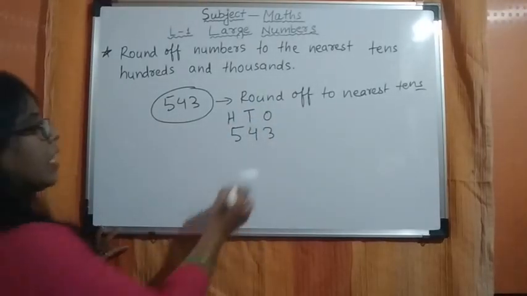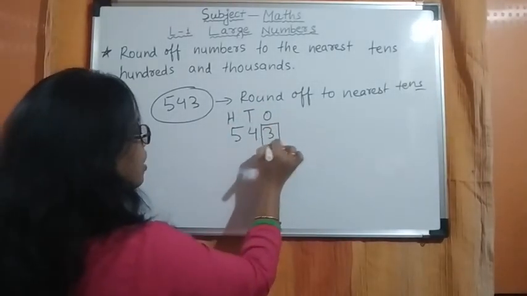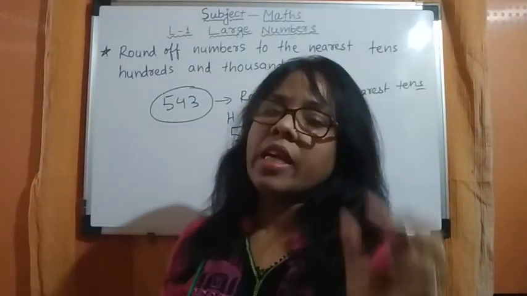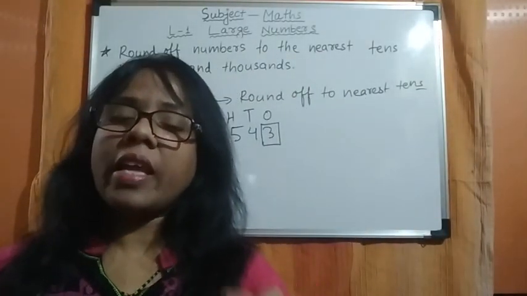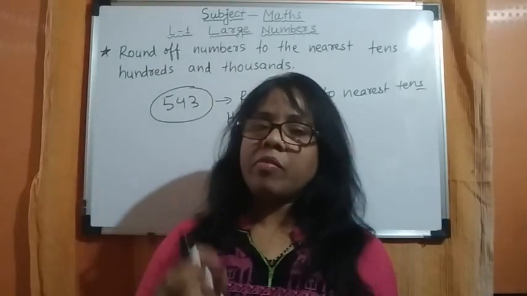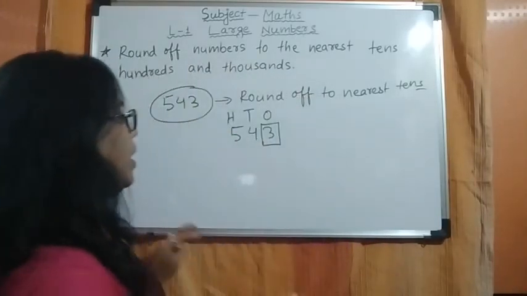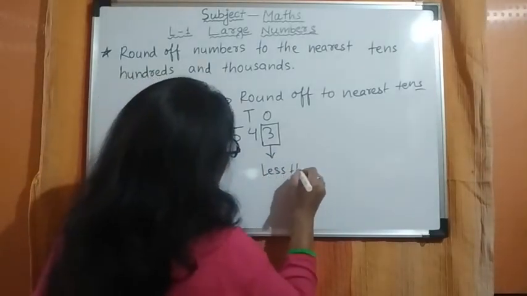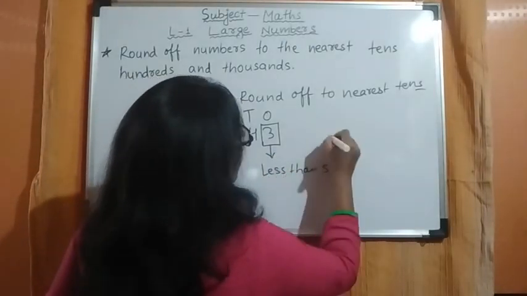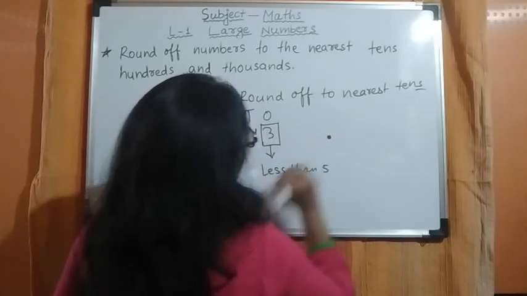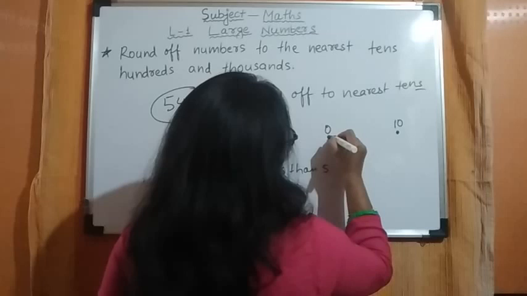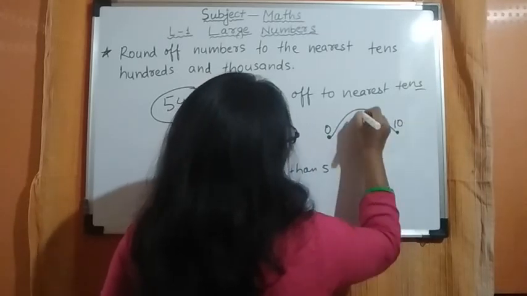Now you will check the number at ones place. Number at ones place is 3. So you have to check whether the number at ones place is less than 5 or more than 5. Here this number 3 is less than 5. You will make a line like 0 and 10, and here you will make a curve.